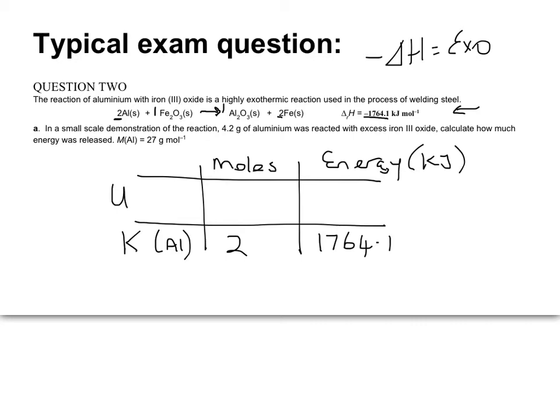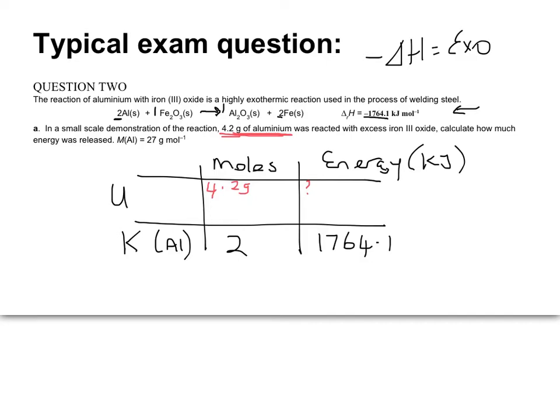What we don't know is how much energy 4.2 grams will produce. So in this part A, instead of 2 moles creating 1764, we're only going to use 4.2 grams of the aluminium. So only 4.2 grams is used, and they want to know how much energy that will create. Okay, so that's our unknown.